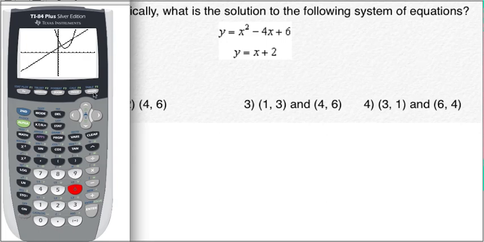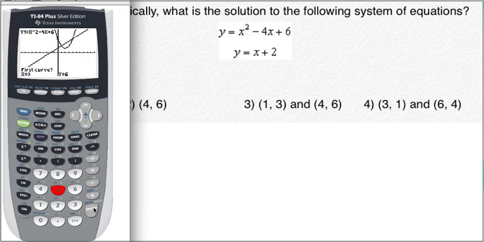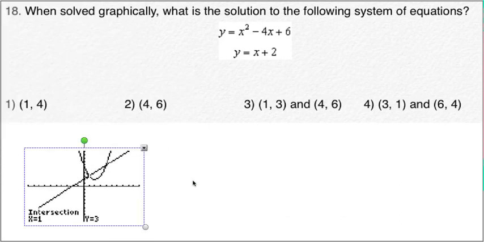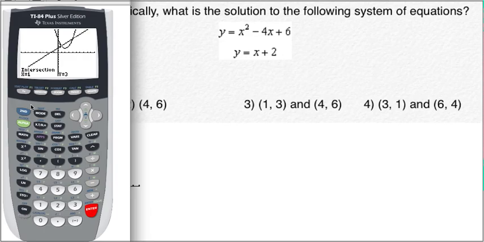So obviously we can see the 2 points intersecting right over here and right over here. So let's find out the first point of intersection, which is number 5. First curve, second curve, yes. Guess near, okay. So the first answer was 1, 3. So we're looking at choice 3 being our only answer. But just for the argument's sake, we're going to go for the second one too.